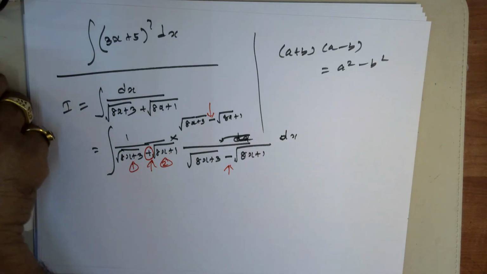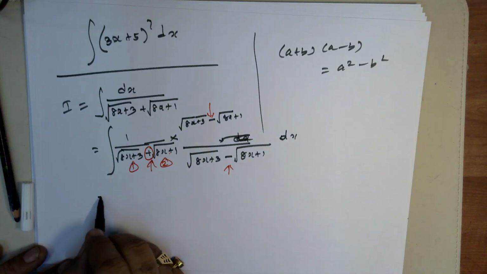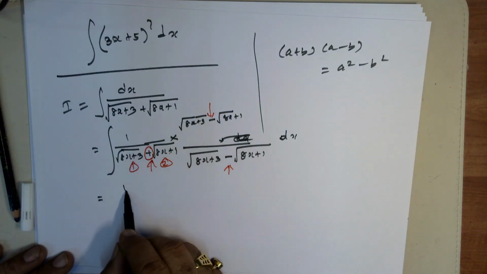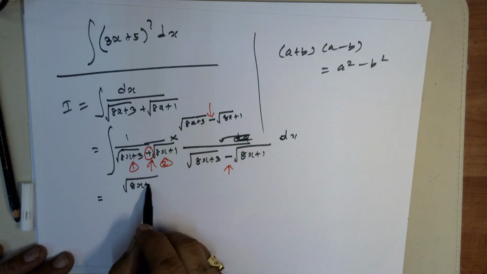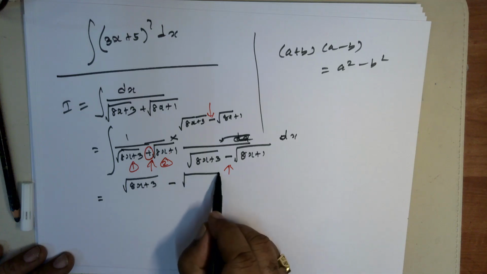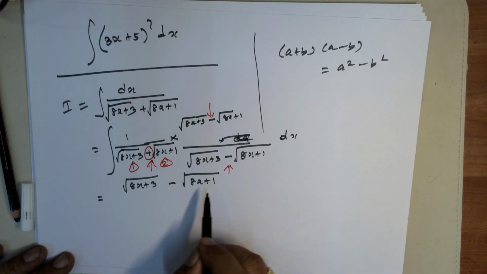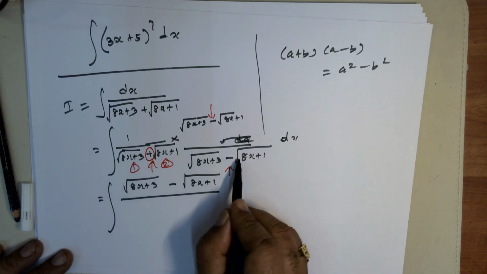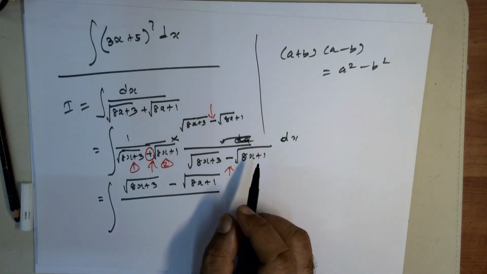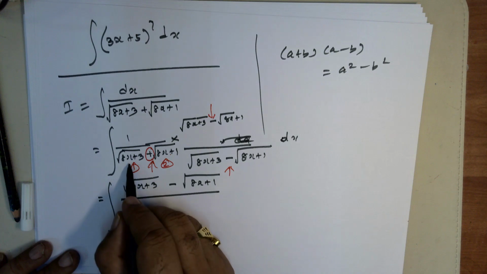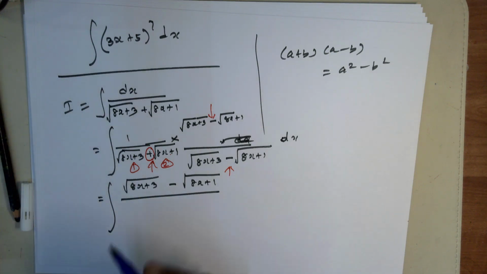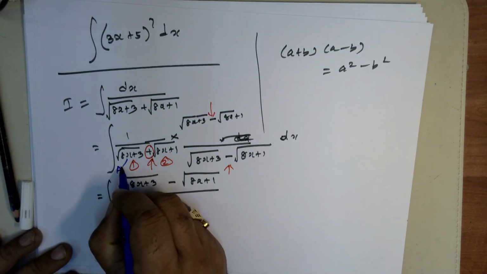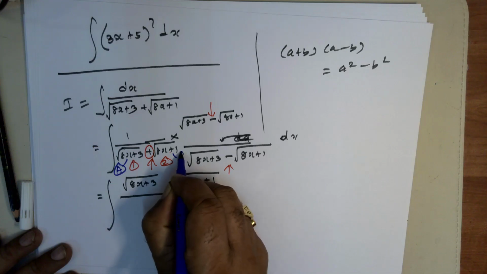Now here, this one is root of (8x plus 3) minus root of (8x plus 1), divided by, and here (a plus b) into (a minus b) means a squared minus b squared. So what is a here? This is the a term, this is the b term.